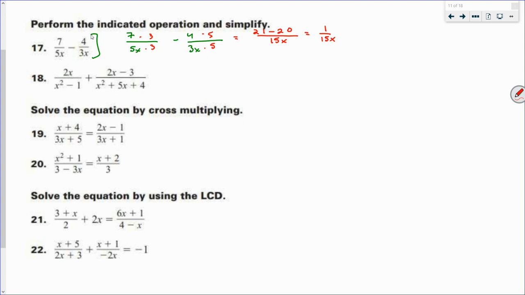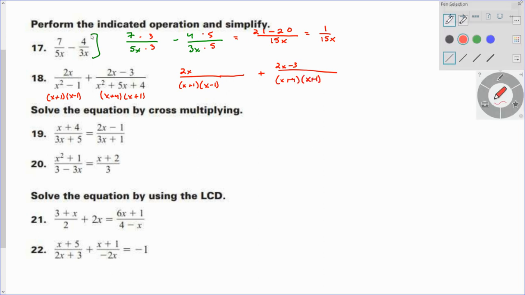I'm going to break this down as x plus 1, x minus 1. I'm going to break this one down as x plus 4, x plus 1. So we have 2x over x plus 1, x minus 1, and 2x minus 3 over x plus 4, x plus 1.